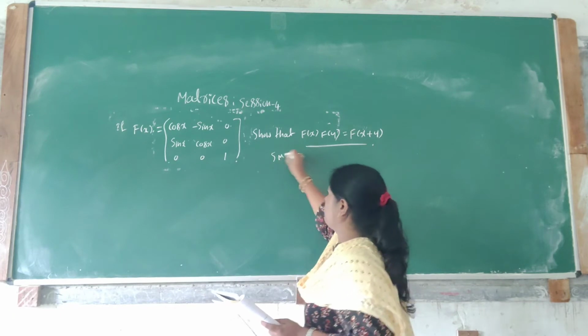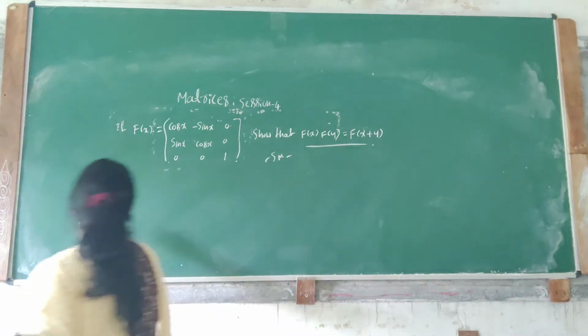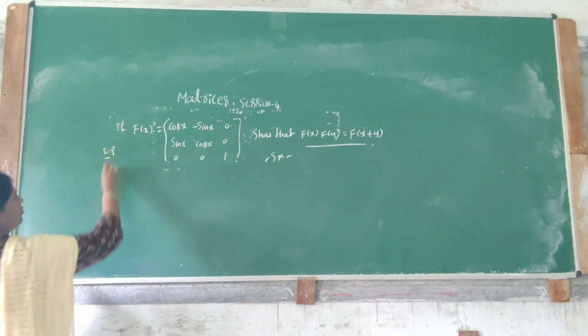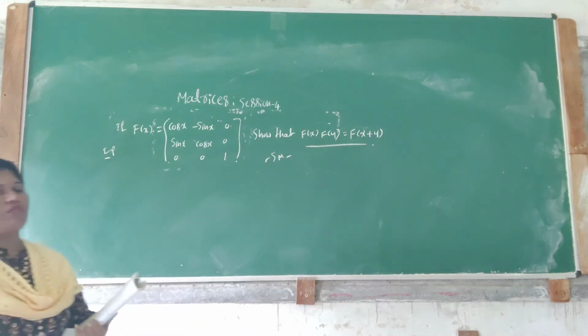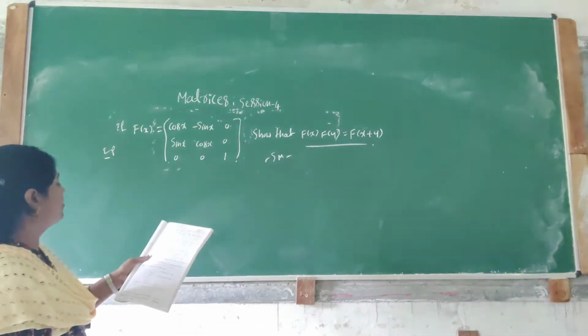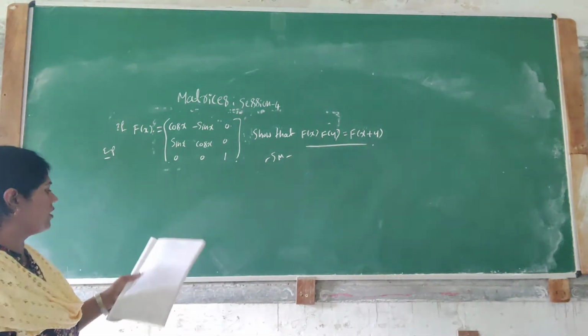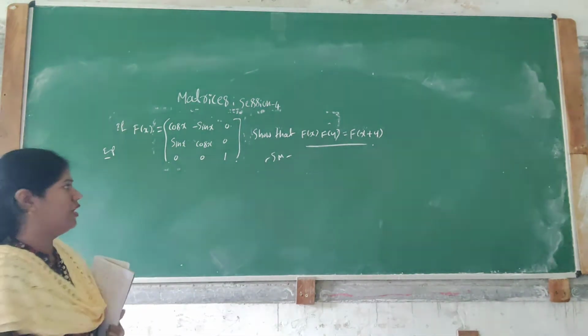It is important for arguments. They are given f of x. What is f of x? [cos x, minus sin x, 0; sin x, cos x, 0; 0, 0, 1].